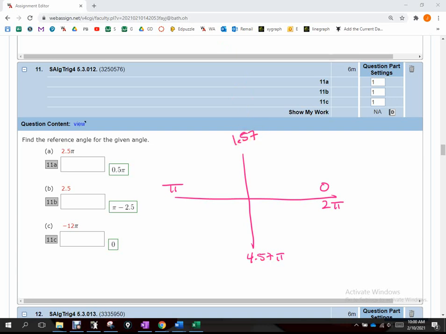And then 3 pi divided by 2, 4.7, okay. So if we multiply pi through, those are the values for those, okay? Or if I leave it as pi over 2, it's 0.5 pi, and this would be 1.5 pi.